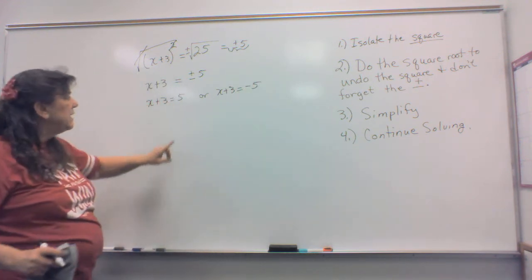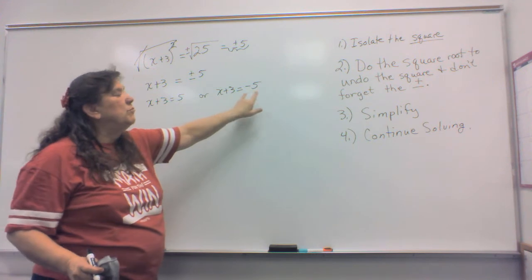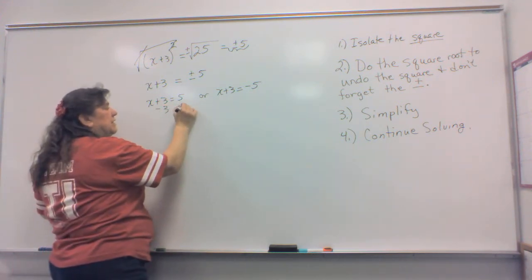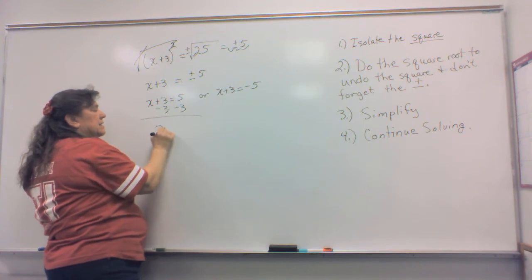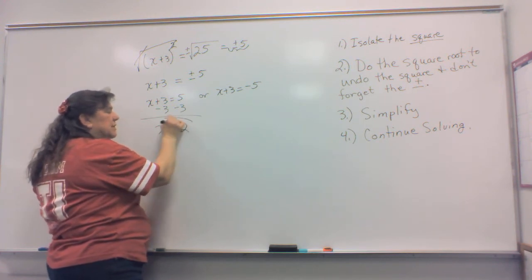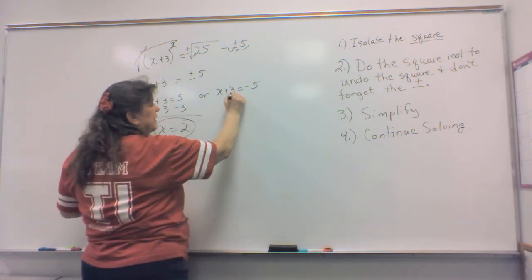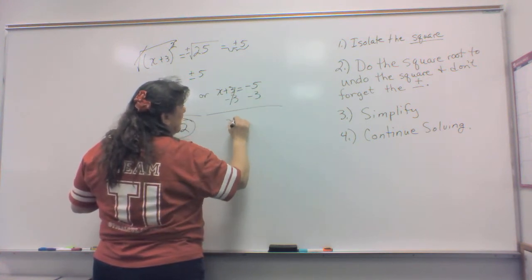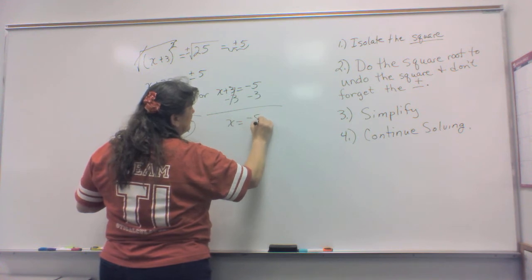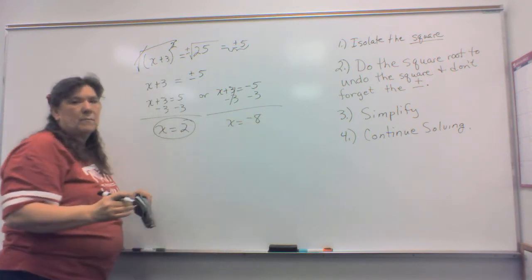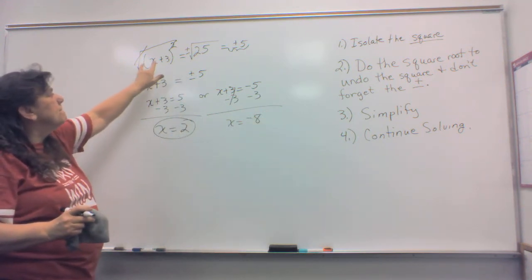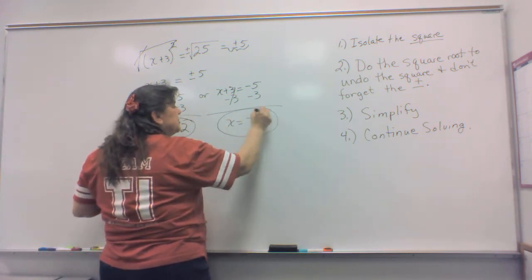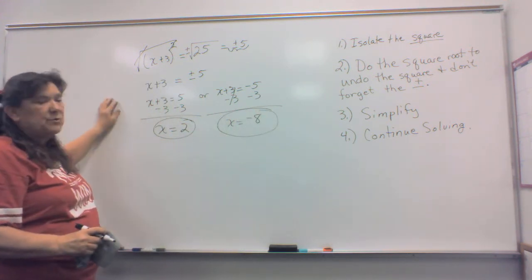As you can see, I have to solve with both answers. So subtract my 3, and I get x is equal to 2. That's one answer. Over here, we're going to subtract the 3, and we end up with x is equal to negative 8. And that gives me both of my potential answers for this equation.